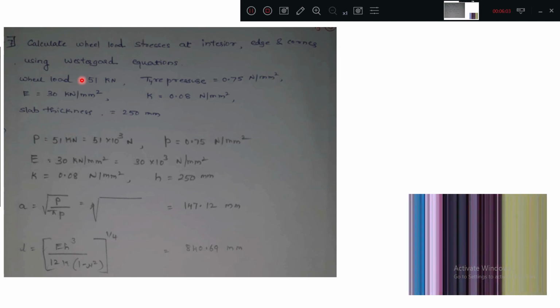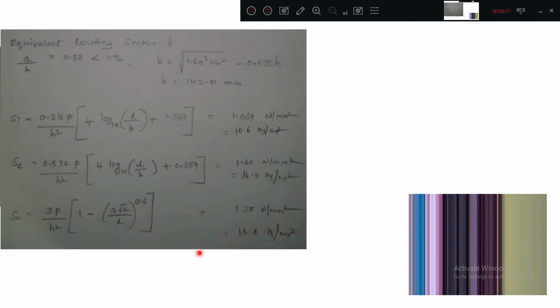So how have I done it? a equals the square root of P divided by pi into p. This formula you know. I am getting 147 mm. For L, the same formula, E h cubed over 12 k (1 minus mu squared), to the power of one-fourth. I am getting 840. Using these three formulas that I have shown now. How to calculate b? Using this formula: square root of 1.6 a squared plus h squared, minus 0.615 h.